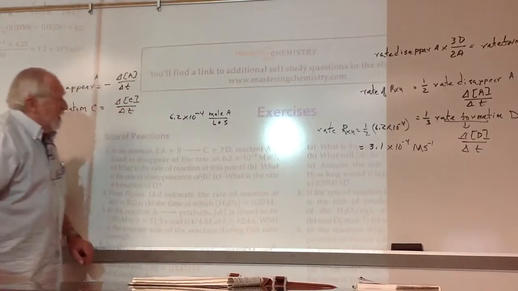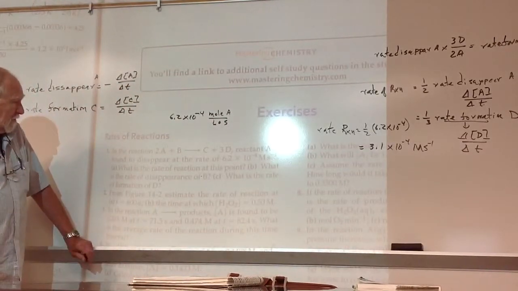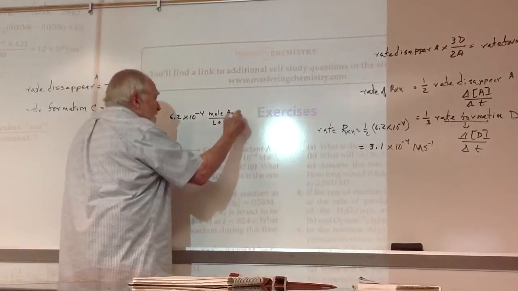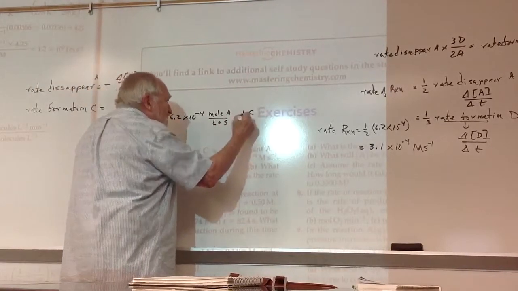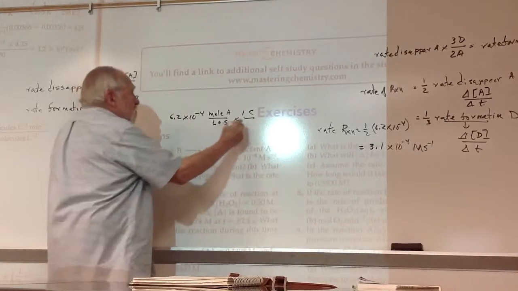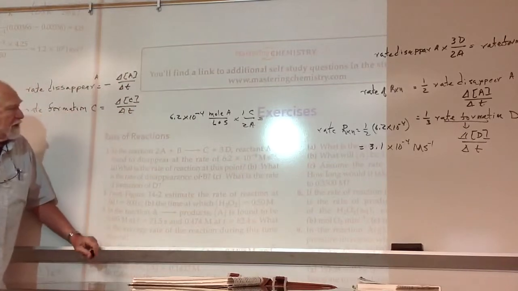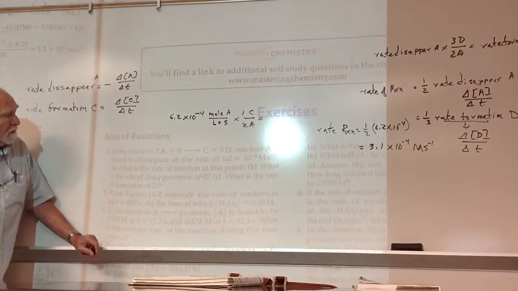Okay. And so the only reason I'm doing this, now you can say, okay, I'm looking at my balanced equation. There's 1 mole of C per 2 moles of A. And now you get the rate of what? Disappearance.